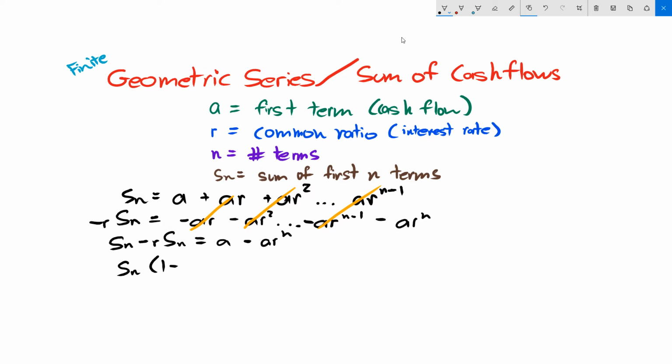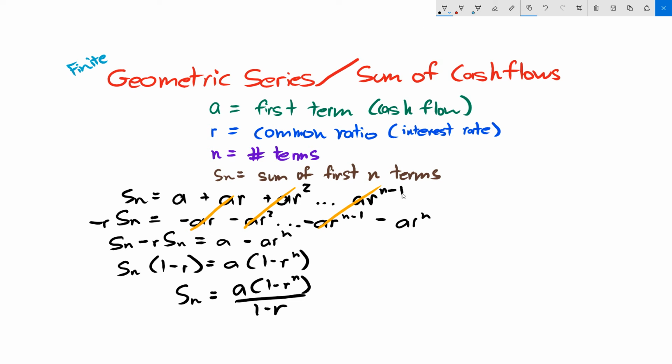So that's going to give us S of n times 1 minus r, and that's equal to a times 1 minus r to the n. We can bring everything over to one side, isolate for s of n. That's going to give us a times 1 minus r to the n over 1 minus r.